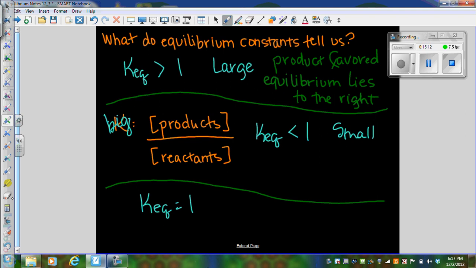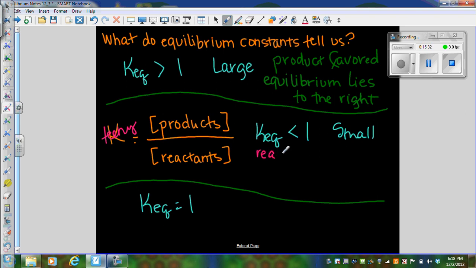Now let's say our equilibrium constant is small. It's teeny tiny. In order for that to be true, the amount of reactants has to be much greater than the amount of products.